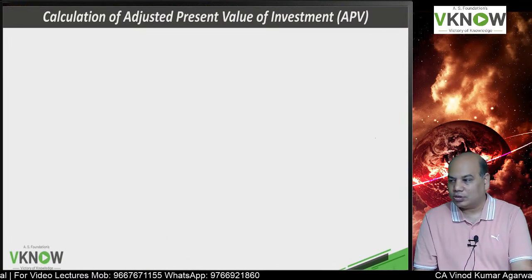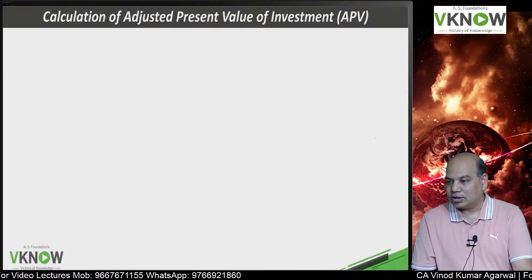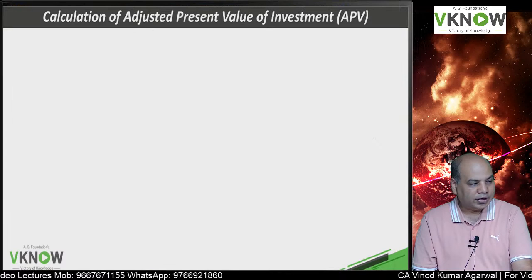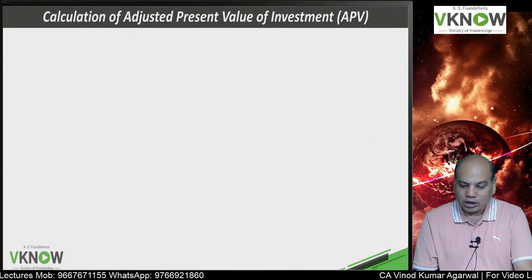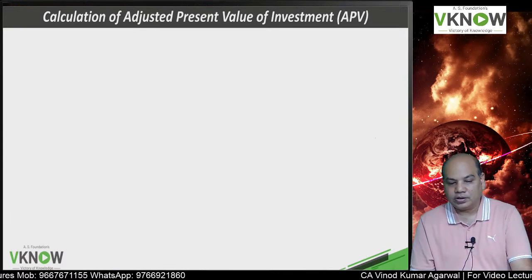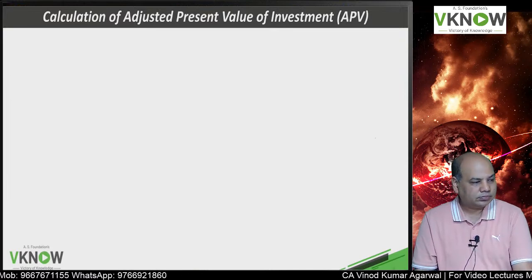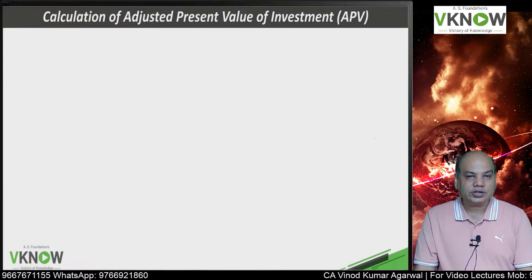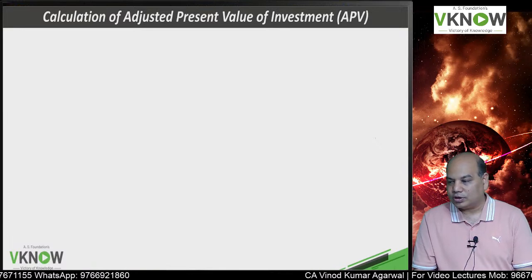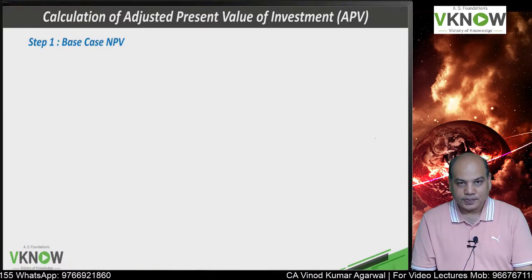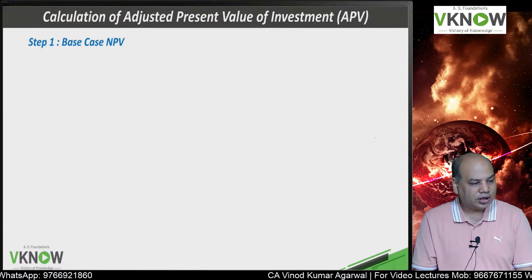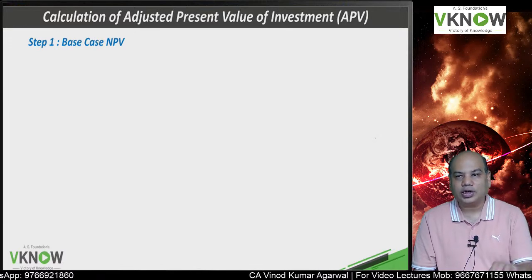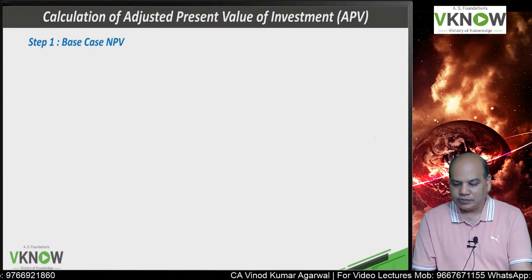So please write in the notebook, heading: calculation of adjusted present value of investment, APV. In short, write APV. Later on, at all places you can write APV.